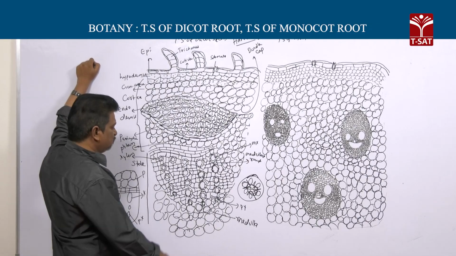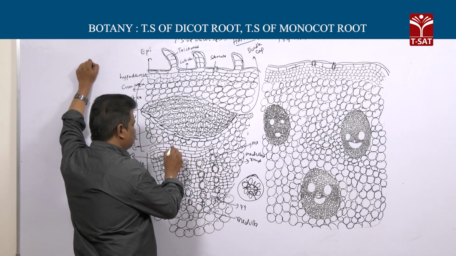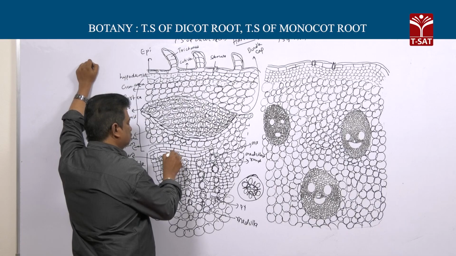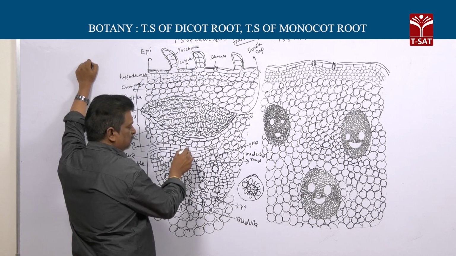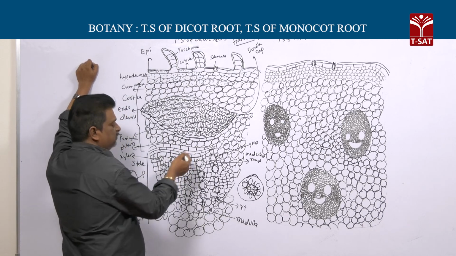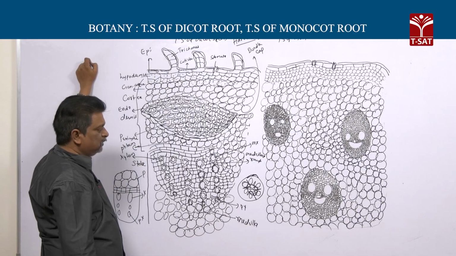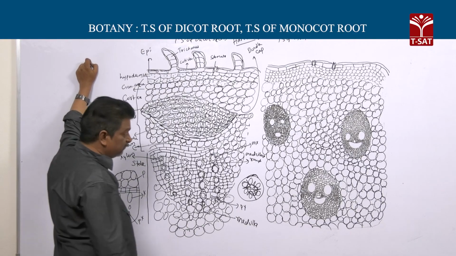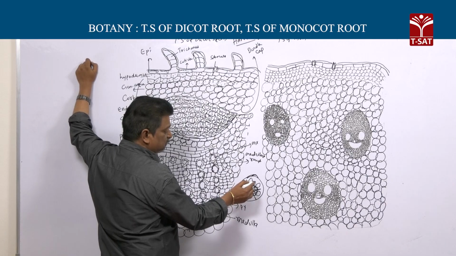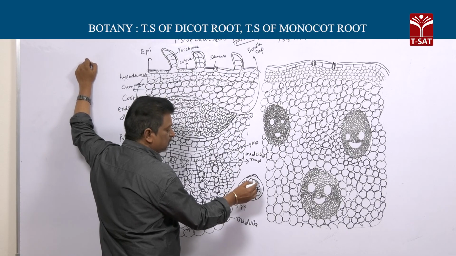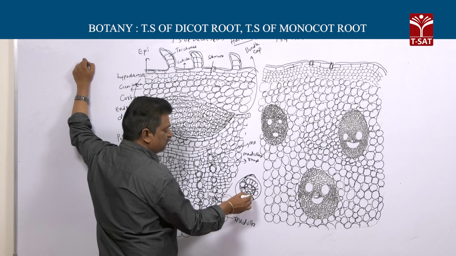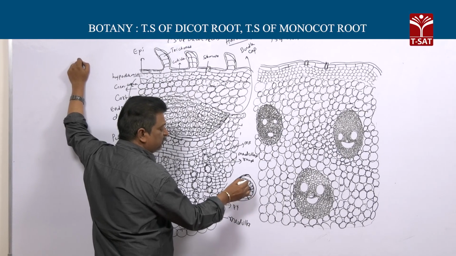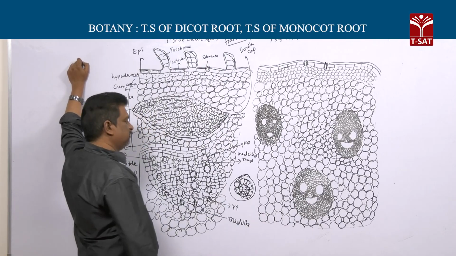One is intrafascicular, which is a primary meristem, present between primary phloem and xylem, a persisting part of the procambium. Second one, interfascicular, which is present in between vascular bundles.